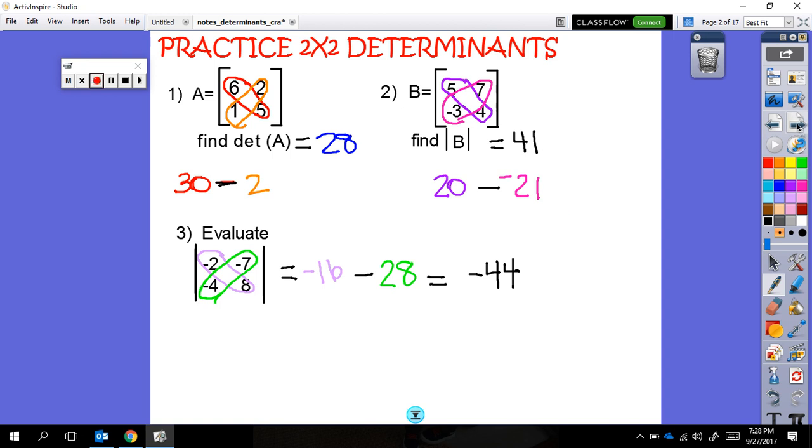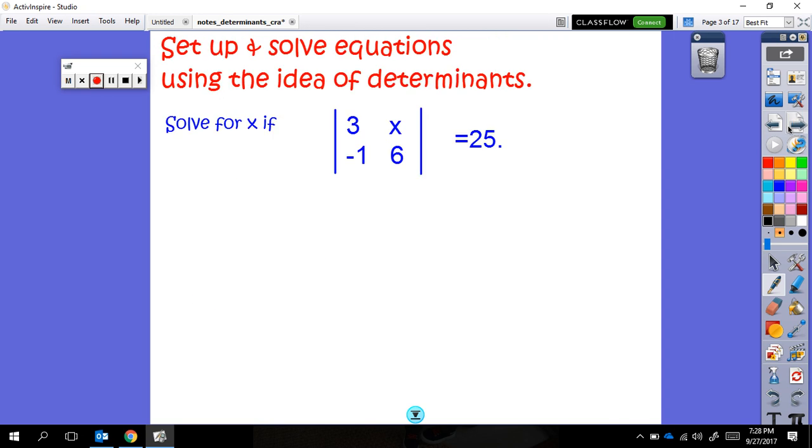I can also throw a variable in there and ask you to solve. This one is just an equation when we find the determinant. The double lines mean find the determinant, so we're saying the determinant of this matrix is equal to 25. Figure out what x is if we know that piece of information.